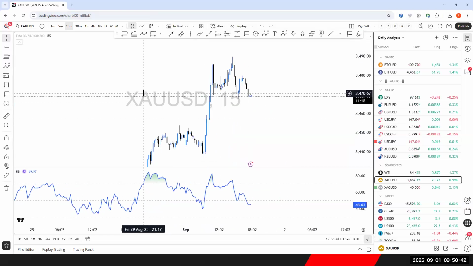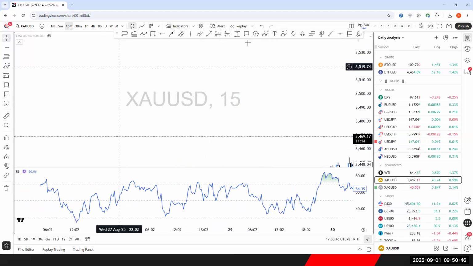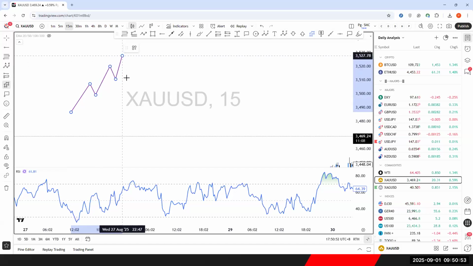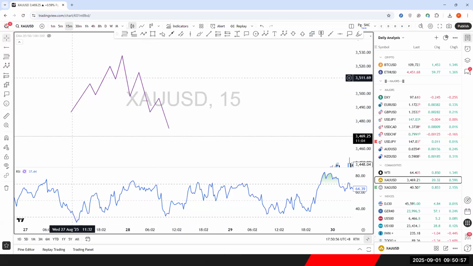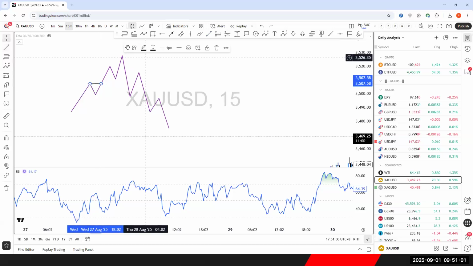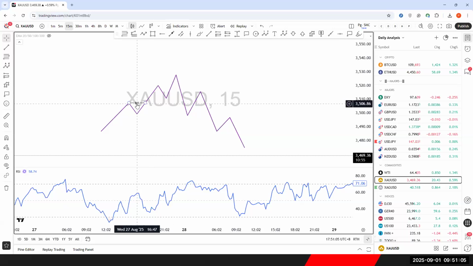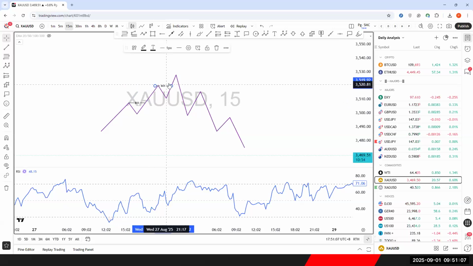Okay. This morning, price was falling. First of all, this one: break, pull back, continue. Break of structure, continuing to go in the uptrend. Break of structure here.